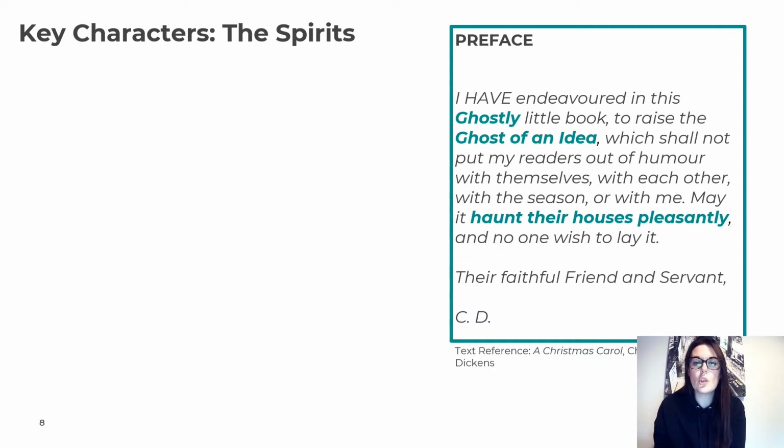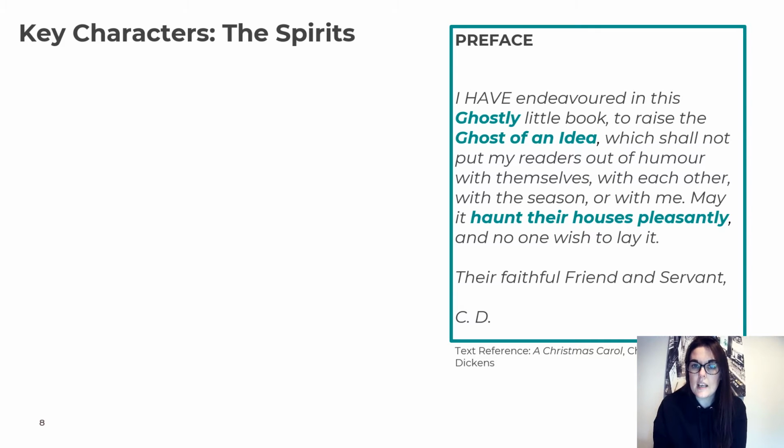Okay, so in order to understand the spirits, it's a good idea to look at Dickens's first words in the novella. So that isn't the first 3 words, Marley is dead, to begin with. It's from the preface, and the preface is a small introduction that Dickens writes to introduce his novella to the reader.